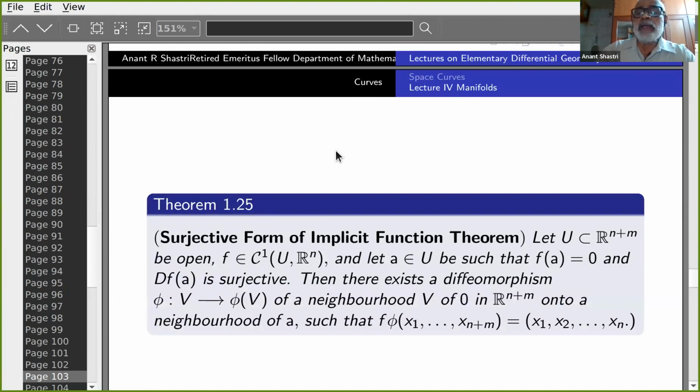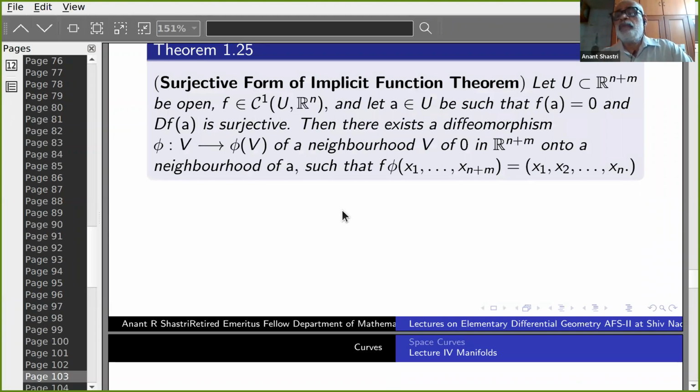So solutions will exist. For example, we are familiar with taking y equal to square root of 1 minus x square. But where is it valid? It is not valid at x equal to plus and minus 1, wherein y will be 0. If y is not 0, you can solve for y in a neighborhood of that point. That is why this is true.